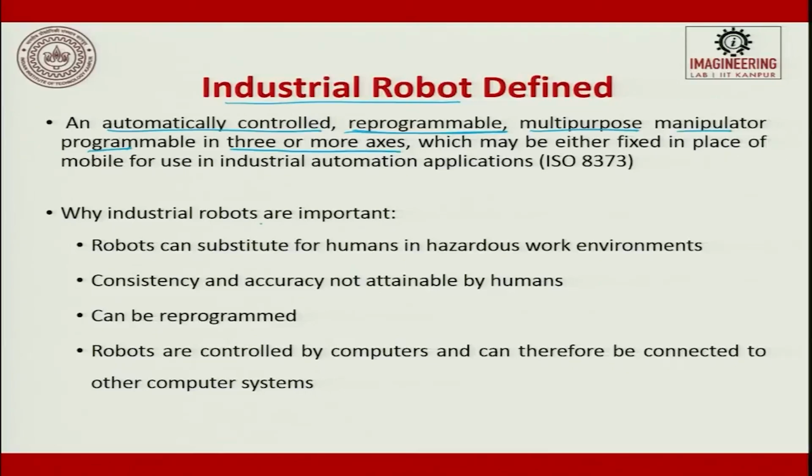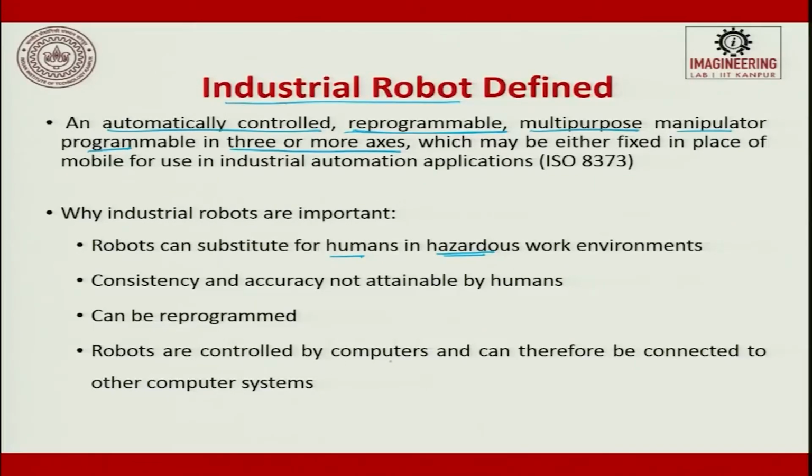Why industrial robos are very important? Because robos can substitute human in hazardous work environment. Hazardous work environment means we can also take it environment which is not so conducive for human, or it can be even fatigue cycle. Okay. So, consistency and accuracy not attainable by human because of his tiredness. Then it can be reprogrammed.